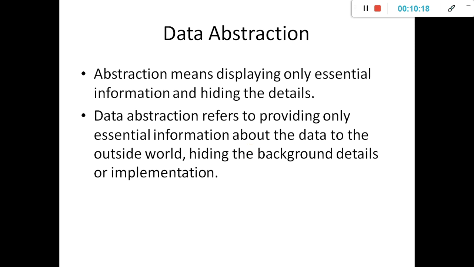Now the next feature is data abstraction. Data abstraction means displaying only essential information and hiding the details. What do you mean by this? Data abstraction refers to providing only essential information about the data to the outside world, hiding the background details or implementation.